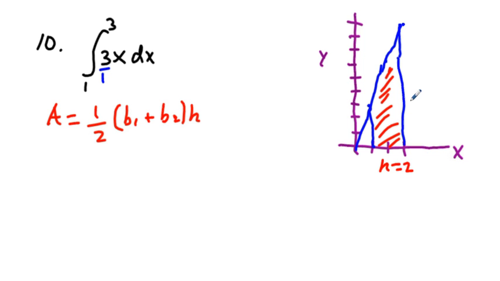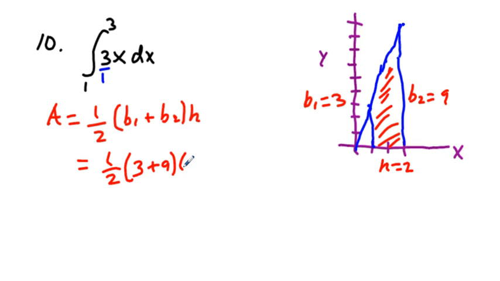Your base 1 is equal to 3, so B1 is 3, and base 2 is equal to 9. So our area is going to be 1/2 of base 1, which is 3, base 2 is 9, times our height, which is 2, and the 2 over 2 cancel, so we have 3 plus 9, so our area is 12 units squared. I don't know if I had anybody get this one right.